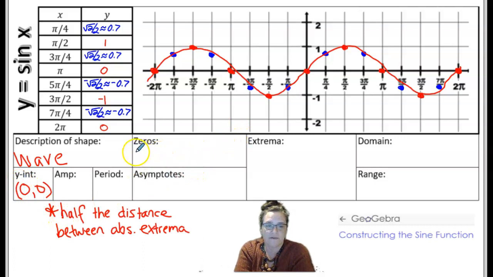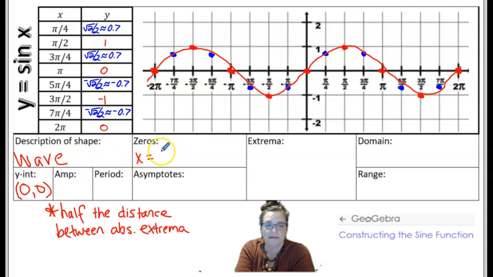Then our first real 0 is going to be at 0. And there's a repeating x-intercept every pi units. So here at 0, pi, 2 pi, there'd be another one at 3 pi, and so on.